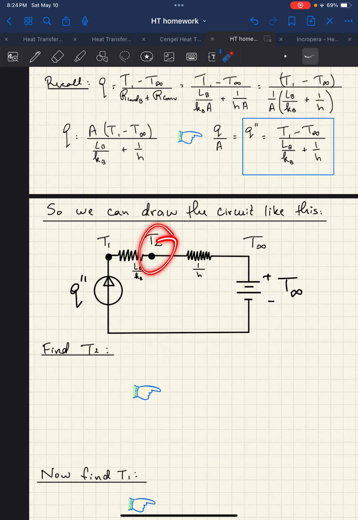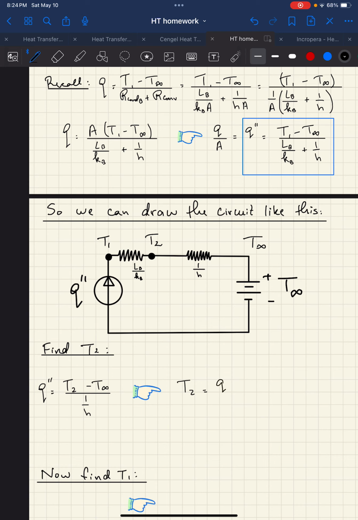So if I do T2 minus T infinity over this resistance, I should get my current. I know my current, I just need to find T2. So let's write the equation. Q double prime is T2 minus T infinity over the thermal resistance, which is 1 over H. I know my Q double prime, I know my T infinity, I know my H, so I can just solve for T2. So we'll do a little bit of algebra.